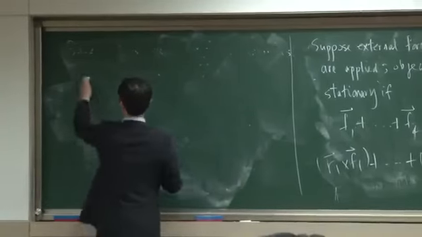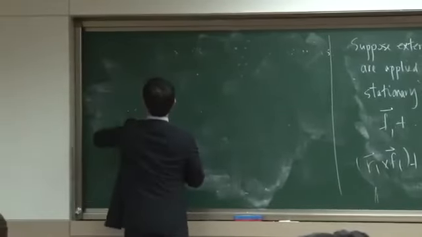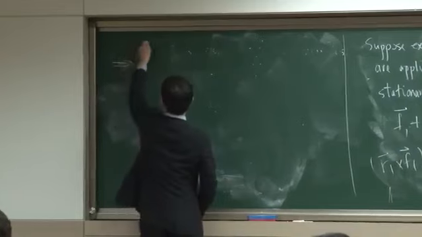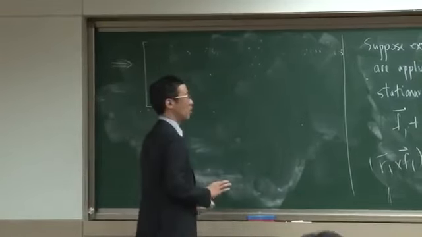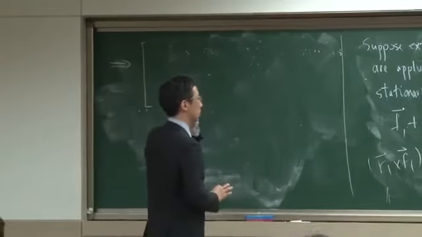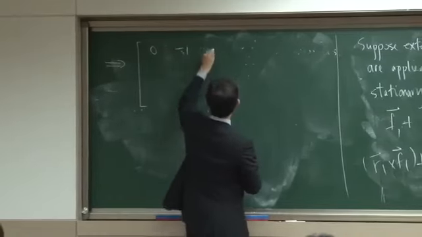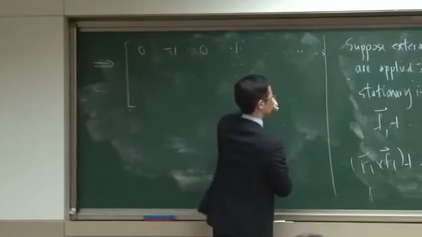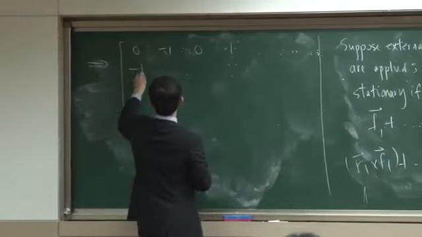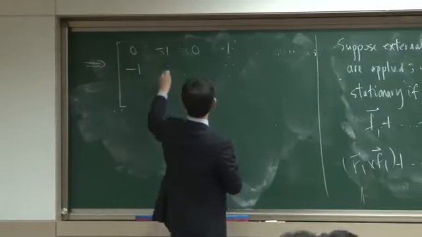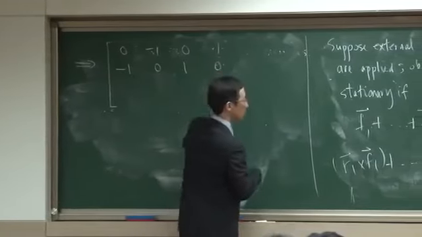We can write the equations in the following way. So we have 0, minus 1, 0, 1, then minus 1, 0, 1, 0.